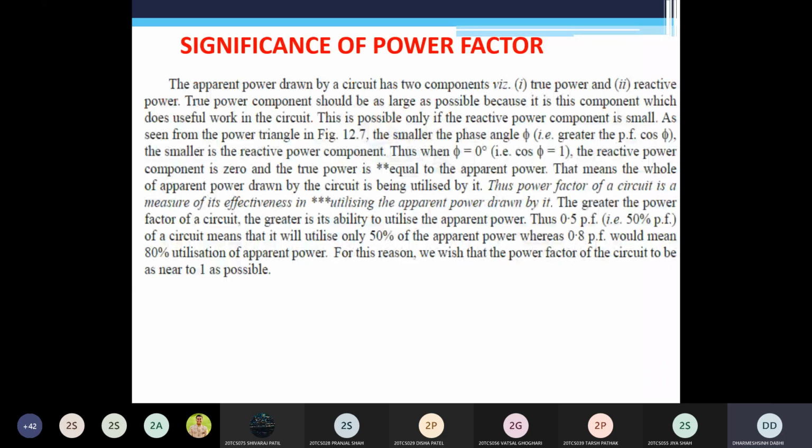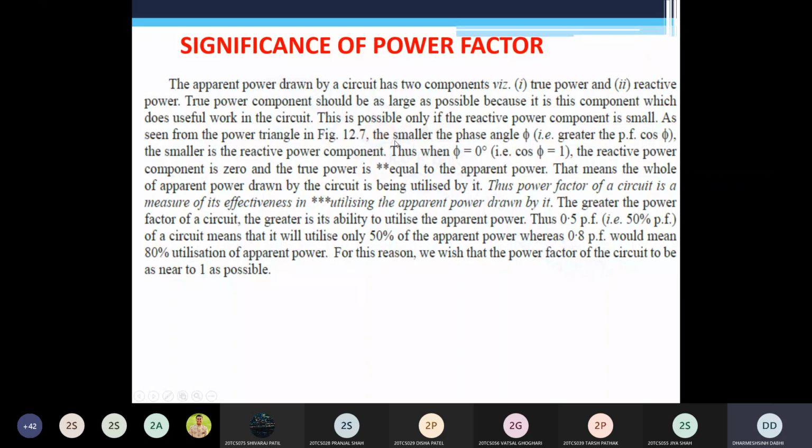As I already told you, the apparent power drawn by the circuit has two components: true power and reactive power. The true power component should be as large as possible because it does the useful work in your circuit. This is possible only when the reactive power component is small, that is, when the power factor angle is small, or when the power factor is large.